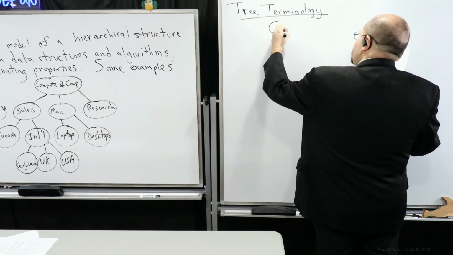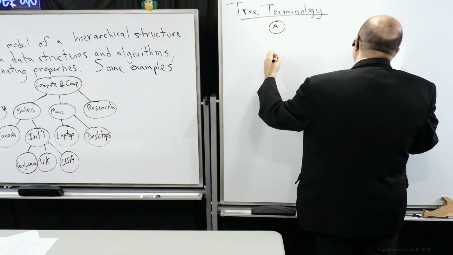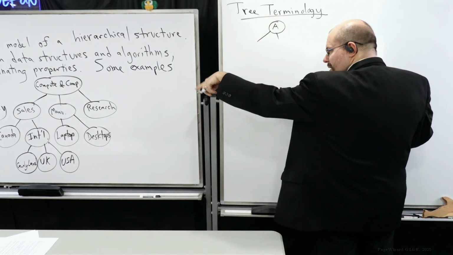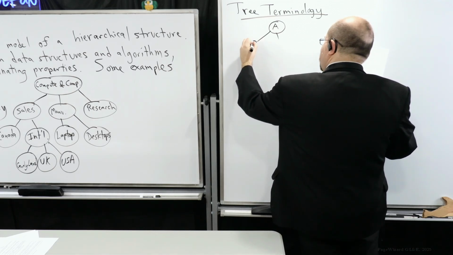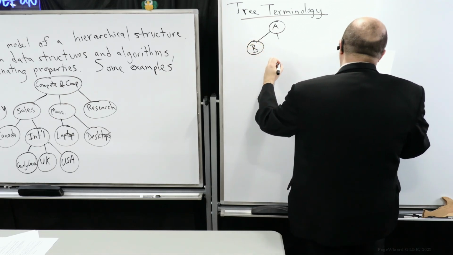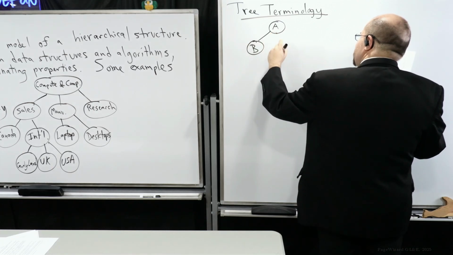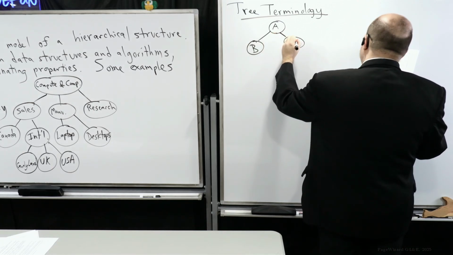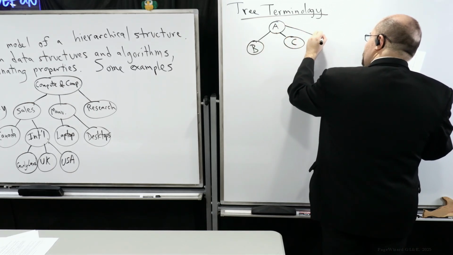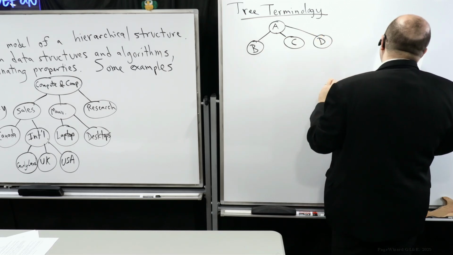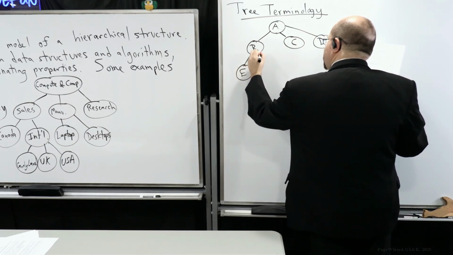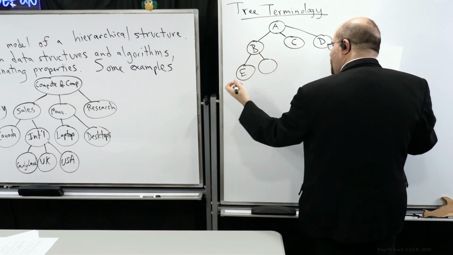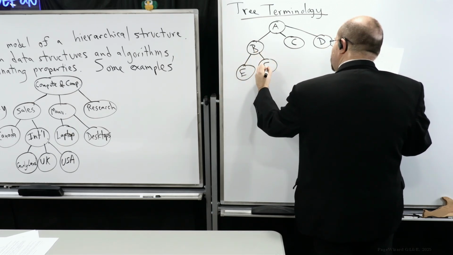So I'm going to label this one A. Kind of like my computing company over there. I'm writing these circles down, each with different parts. So I have B, C, and D. Think of these like our different parts, kind of like the company over there or our file system.